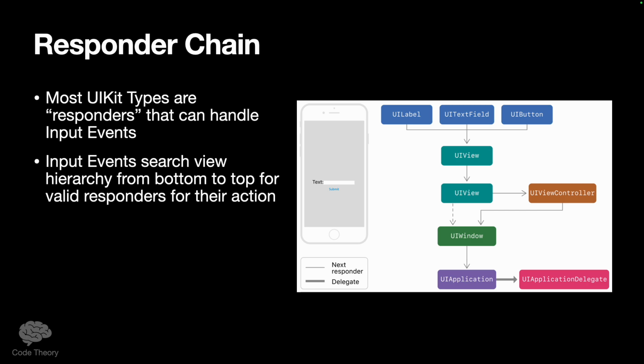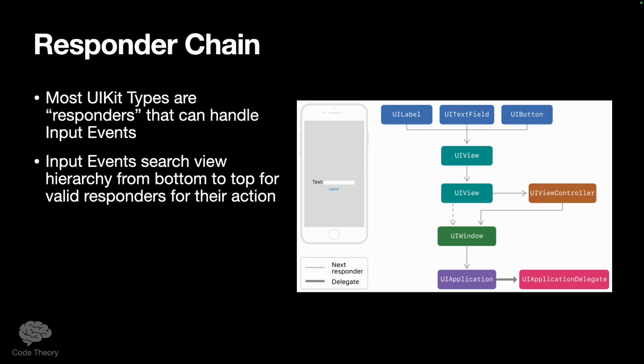So what is a valid responder? It depends. First, the responder needs to actually be set up to respond to that kind of event. For example, a UILabel, if you don't have user interaction enabled, won't be set up to handle a tap event unless you specifically add it. Same thing with a text field. A UIButton can typically get taps by default, but maybe it doesn't know what to do with a pinch.